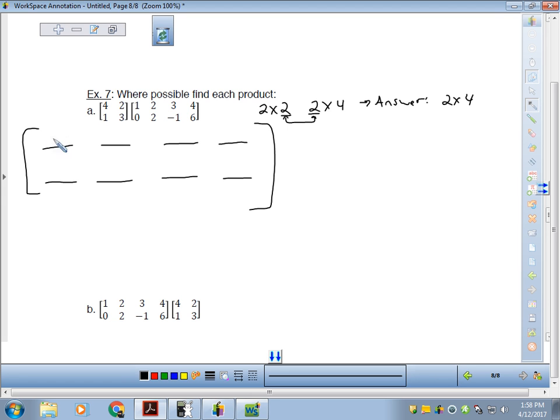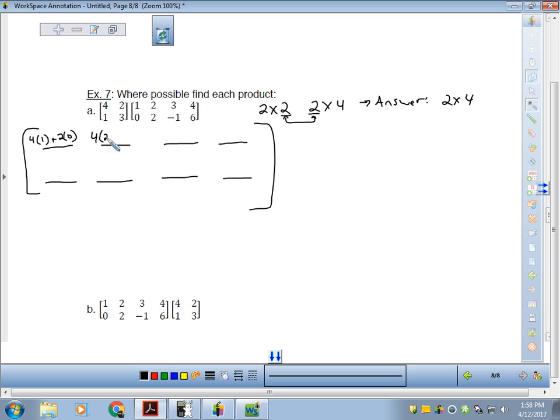So this is the first row, first column. So I'm going to take the first row, 4, 2, multiply it by the first column, 1, 0. So I'll have 4 times 1 plus 2 times 0. This is the first row, second column. So I'm going to take the first row, 4, 2, multiply it by the second column, which is 2, 2.